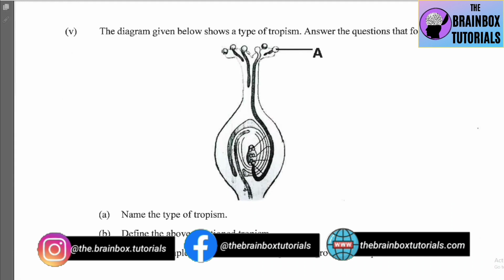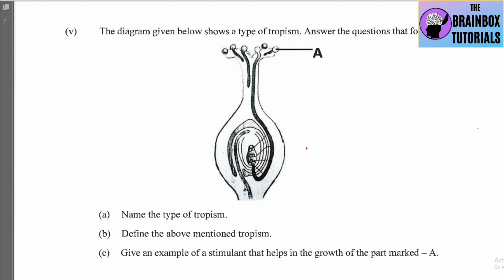Now coming to part 5, the diagram given below shows a type of tropism. Answer the questions that follow. Part A is name the type of tropism. So this is chemotropism.